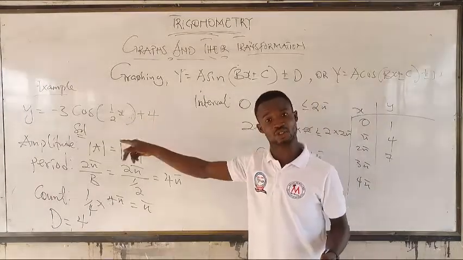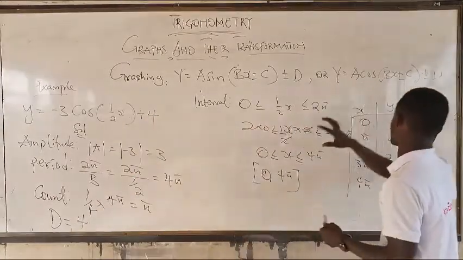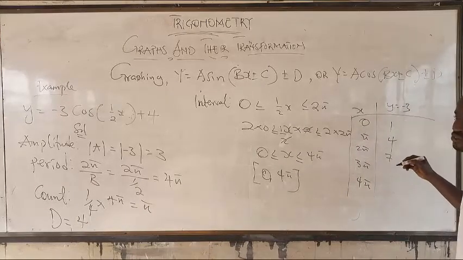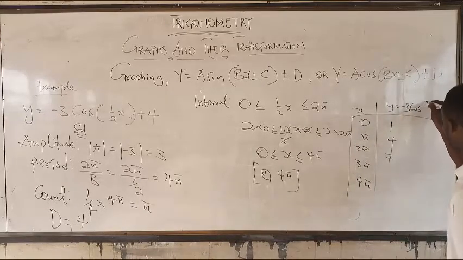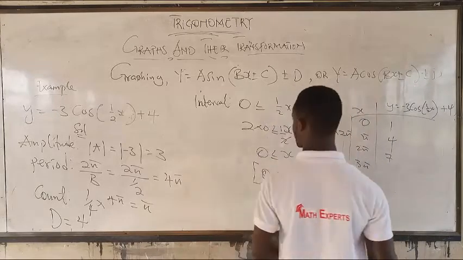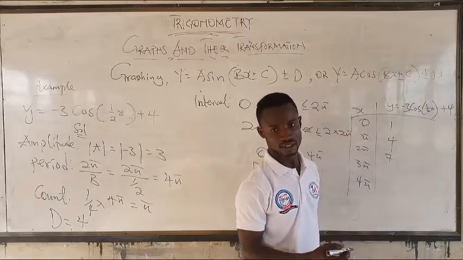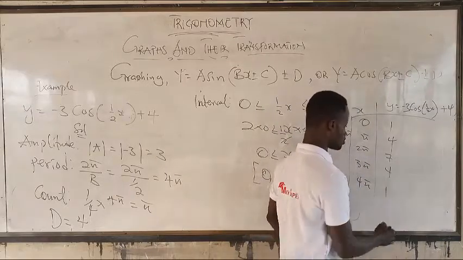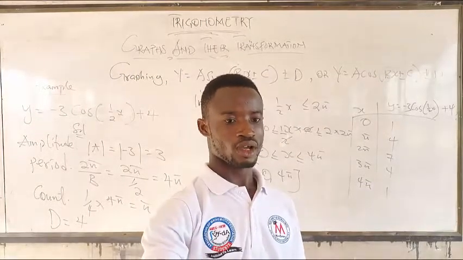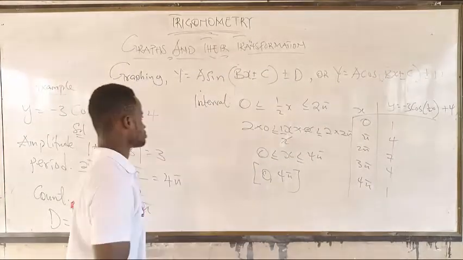It's also part of it. Include the negative also: negative 3 cos half S plus 4. Include everything and do the substitution, and you are going to get 4 and here is going to be 1. Then you go for the graph.